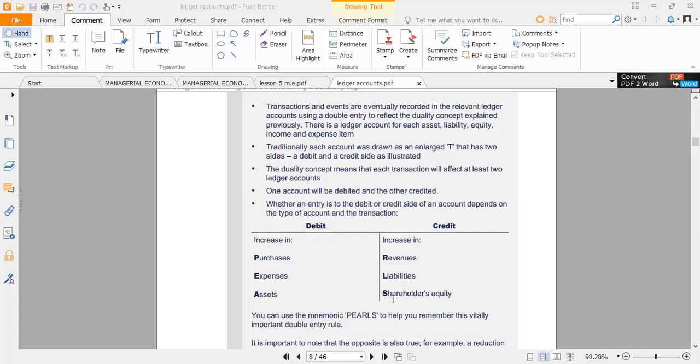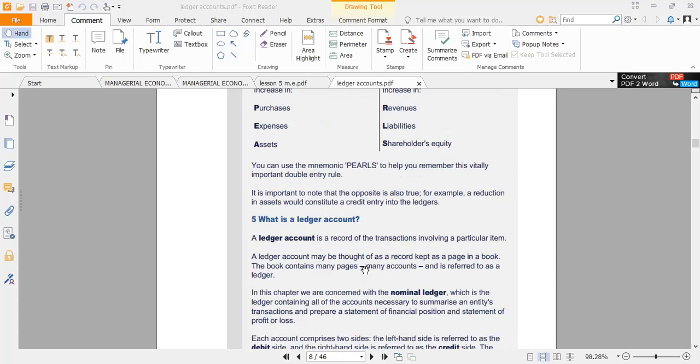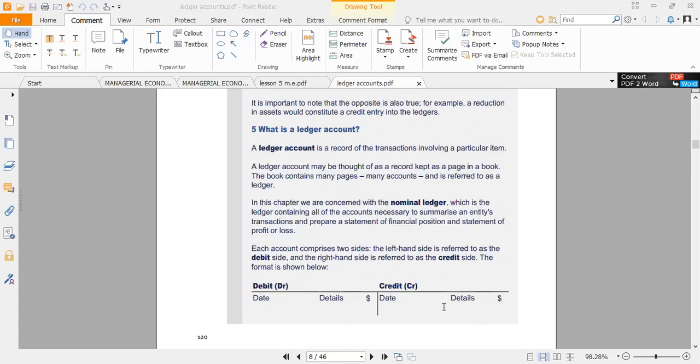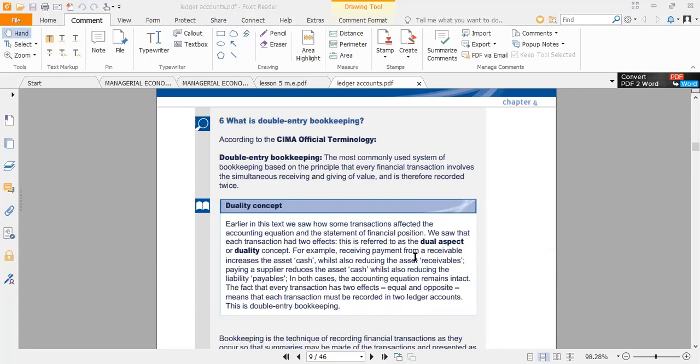Now, a ledger, like has been explained, is simply a record of the transactions involving a particular item. So the nominal ledger is one which contains all accounts that are necessary to summarize an entity. So if we look at this T account here, we'll look at our transactions that we had, which will follow what is called the duality concept.